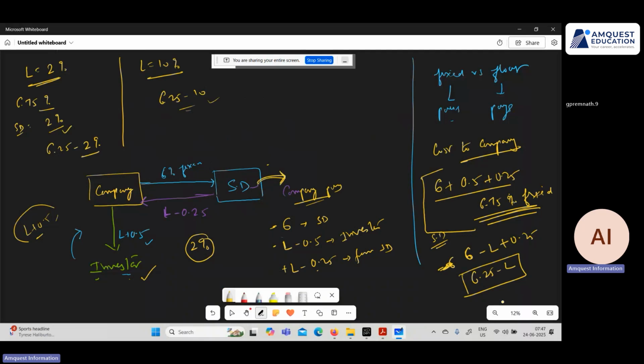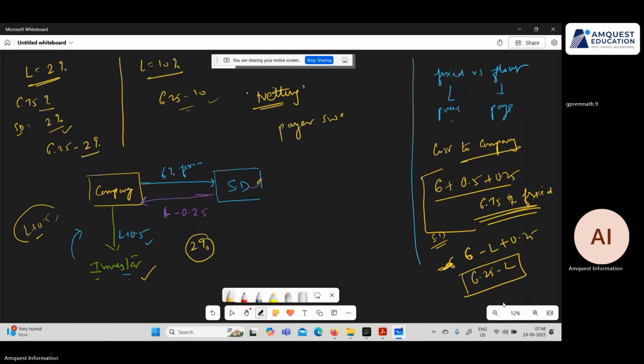There's also a concept called netting. That means if I have to pay you 5 rupees and you have to pay me 2 rupees, I'll effectively pay you 3 rupees. Also, there's a terminology you will see: the payer swap is the party who pays fixed.